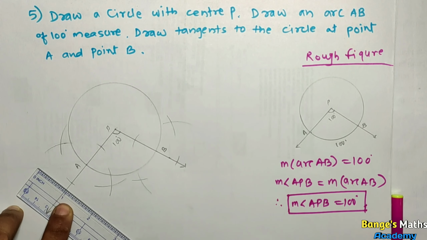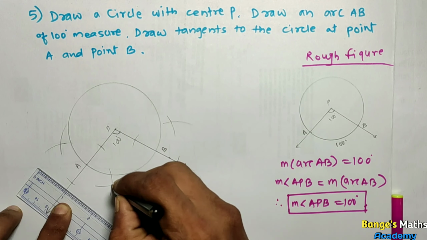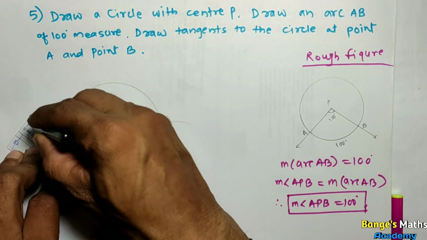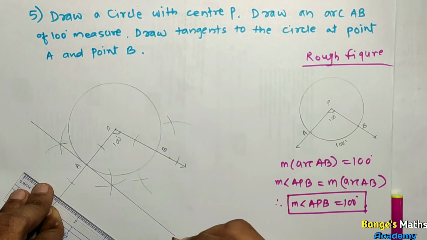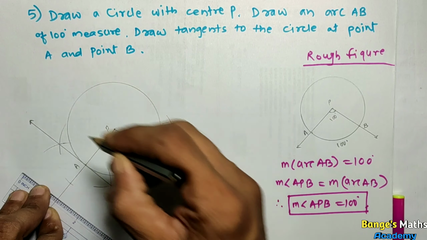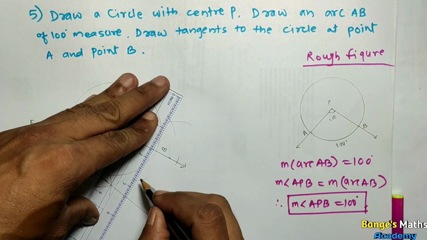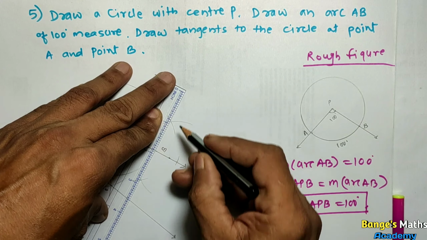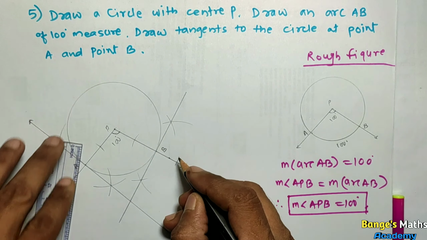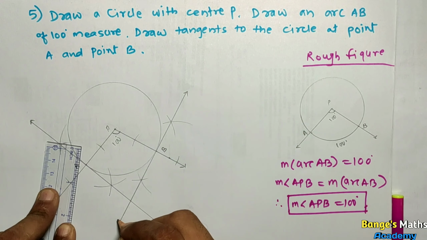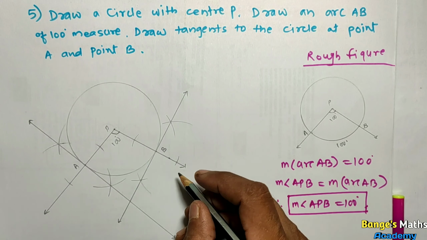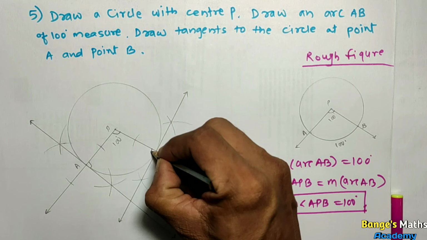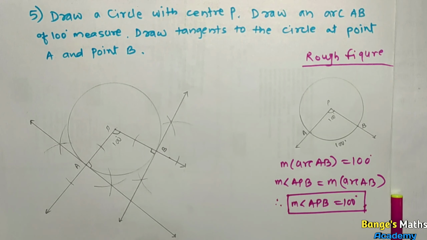Join with the help of ruler. We draw tangents at point A and point B. Radius is perpendicular to tangent.